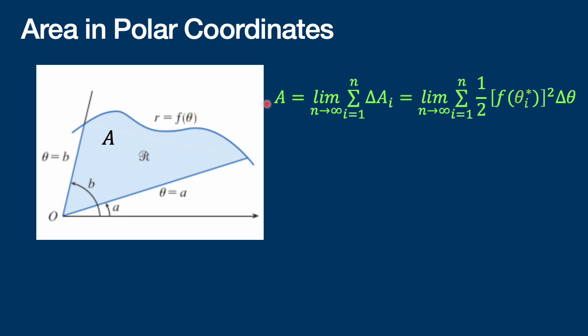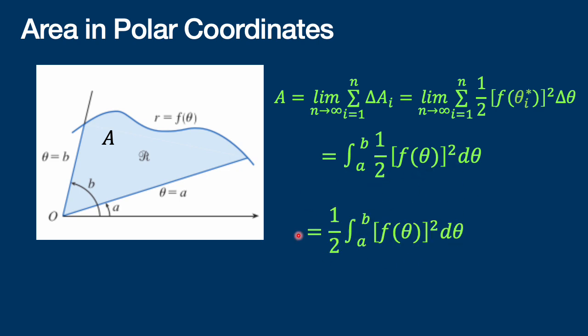So how can we find the area A? It's the limit of the summation of delta A_i, the small pieces of sector, which is 1/2 f of theta star_i squared delta theta. Let's change this into integral notation. The limit and summation change into an integral, with theta going from a to b, of 1/2 f of theta squared d theta.